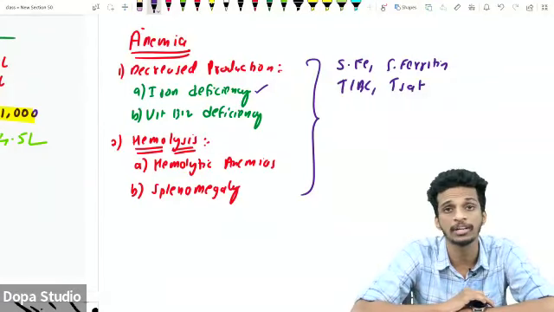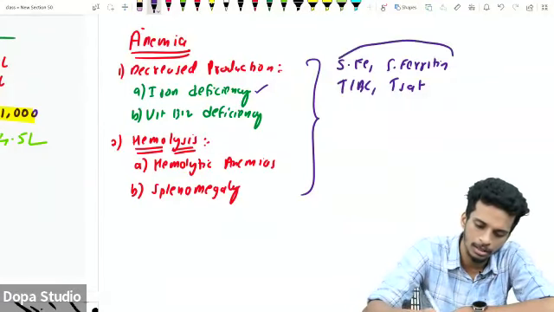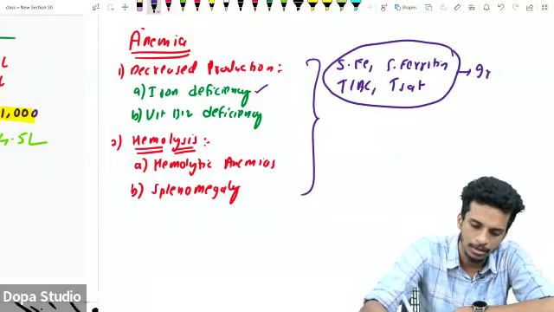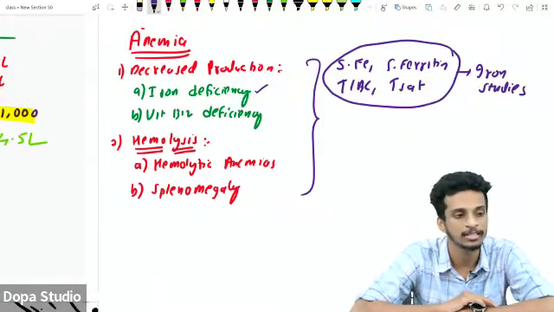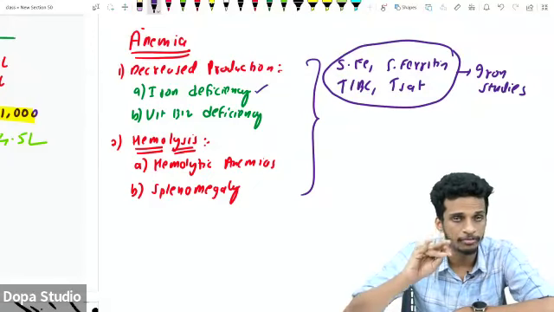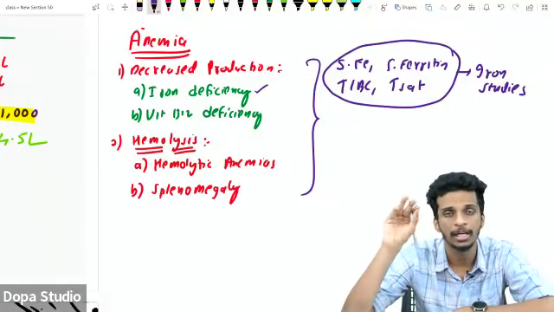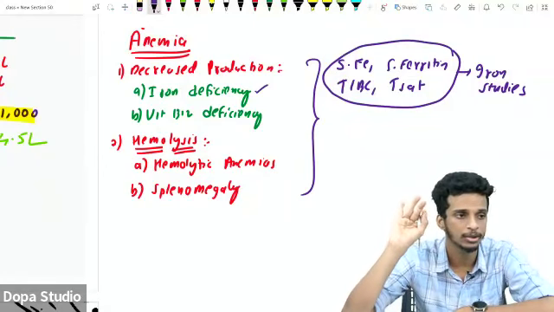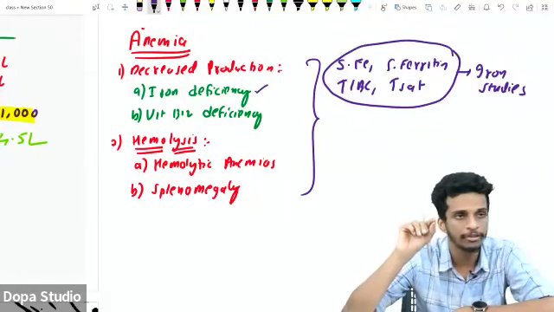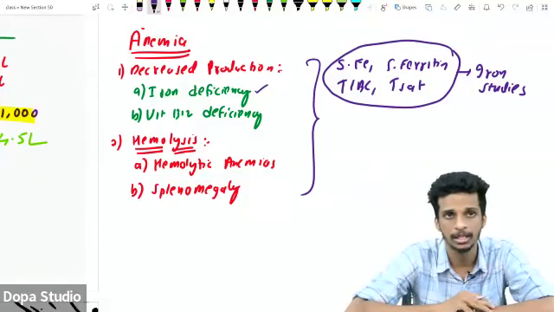TIBC means total iron binding capacity, and TSAT means transferrin saturation. Together, these are called iron studies. So to rule out iron deficiency anemia, we need this much investigation.